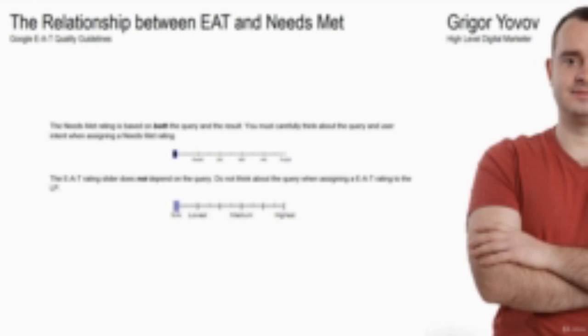An exception to this is a query with clear website intent, where the target website should be rated fully meets even if the page has low EAT. Also, harmful, inaccurate, misleading, deceptive, or malicious results should be rated as lowest EAT.